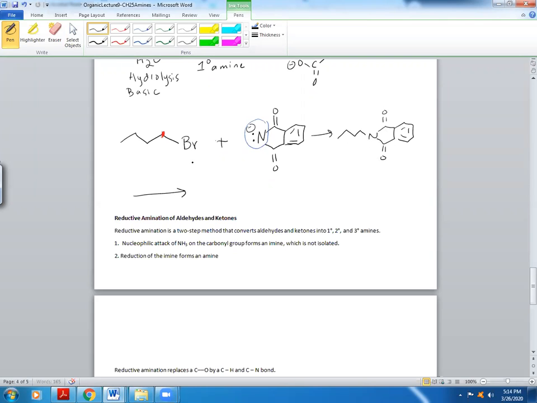But if I give you this, where you have the hydrolysis next, then all you have to do is get the amine, or the nitrogen and its alkyl group, out, and then you form the amine.